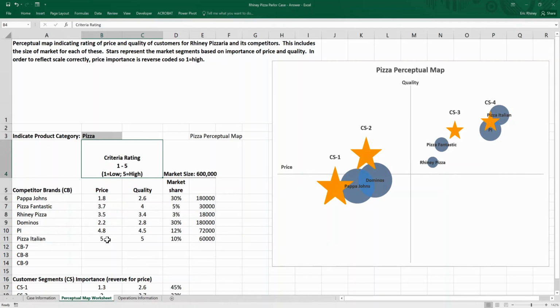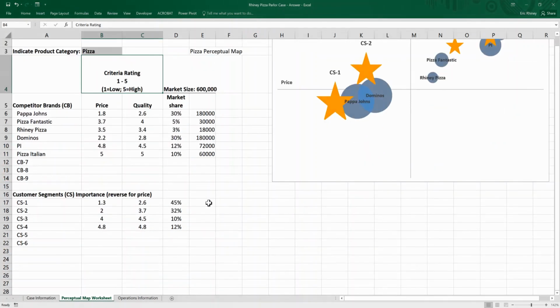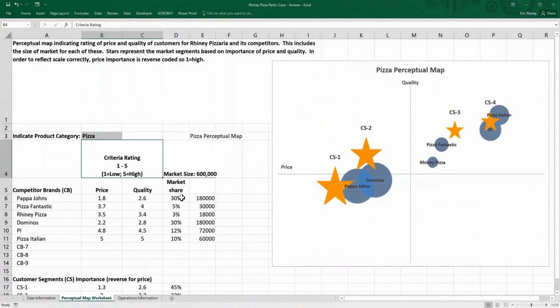We have the perceptual map based on price and quality, which seem to be two of the biggest factors that are important to the market segment, and this is based on a 5-point scale, 1 being low, 5 being high in terms of the relative price, and then the relative quality. We also have the market share of each one of these competitors in this 600,000 pizza market, and we see that Papa John's and Domino's has the lion's share. As mentioned, Riney Pizza only has 3%, so it's the smallest one out of the bunch.